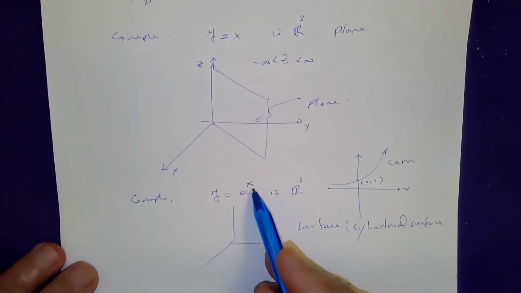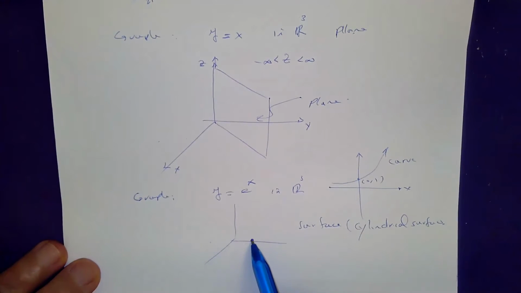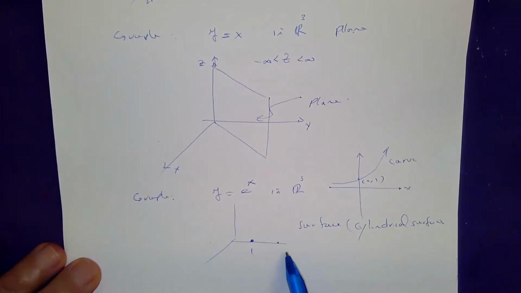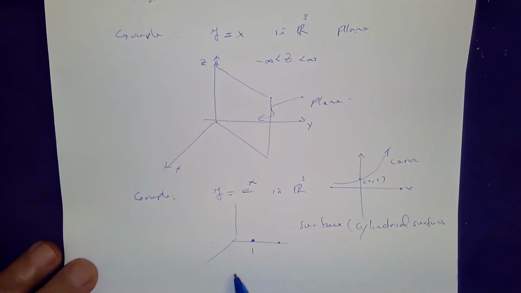At x equals 0, y is 1. At x equals 1, y is what? e, which is 2 point something. At x equals, let's say, 1/2, that would still be positive. So how would it look? Well, it's going to go through this point, and it's going to get close to what?